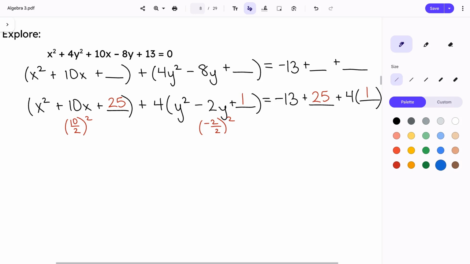Okay. So how will this first set factor? Again, you can think, what are 2 numbers that multiply to 25, add to 10? 5 and 5. So this would be x plus 5 squared plus 4. How does this one factor? Multiply to 1, add to negative 2.